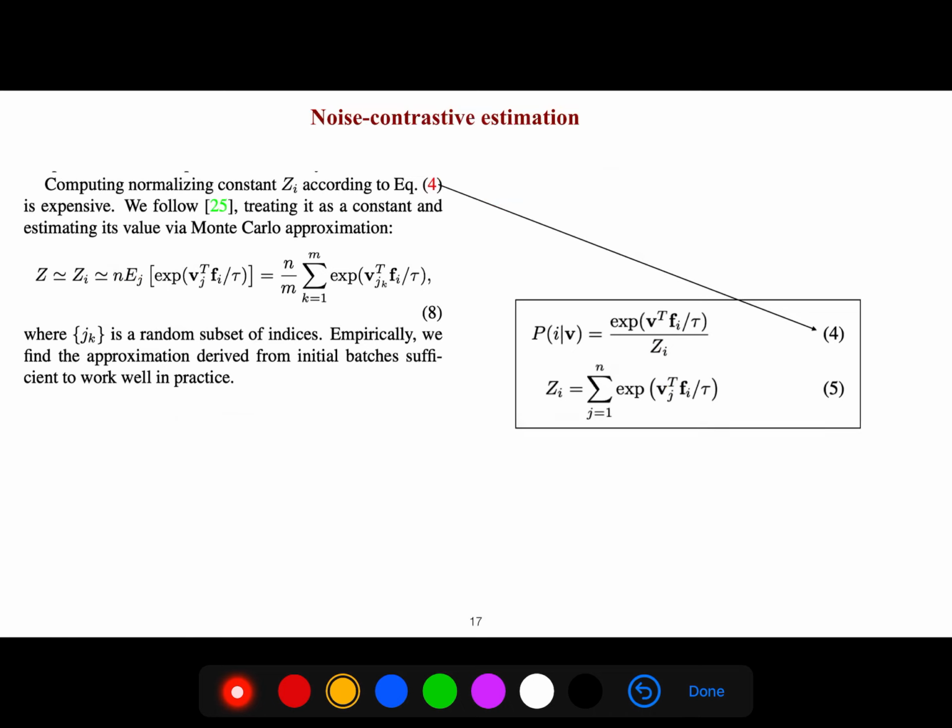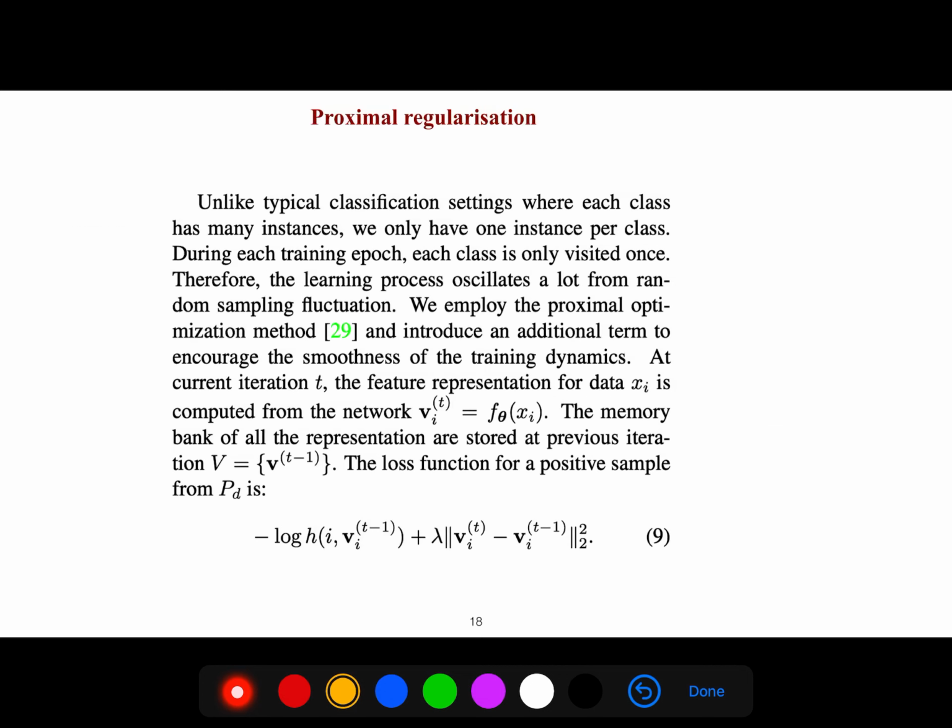Computing the normalizing constant Z sub i like this is expensive, so we treat it as a constant and estimate it via a Monte Carlo approximation. But we also use proximal regularization because, unlike the typical classification setting where each class has many instances, we only have one instance per class. During each training epoch, each class is only visited once.